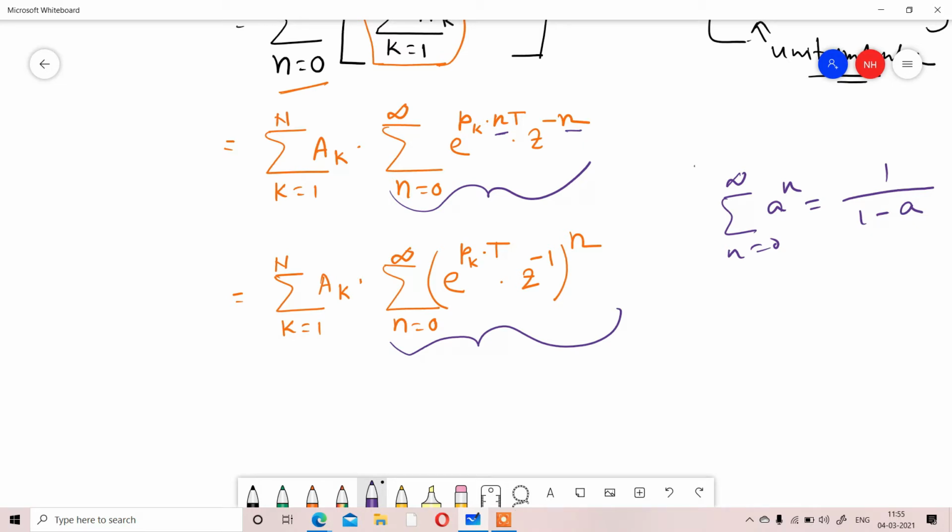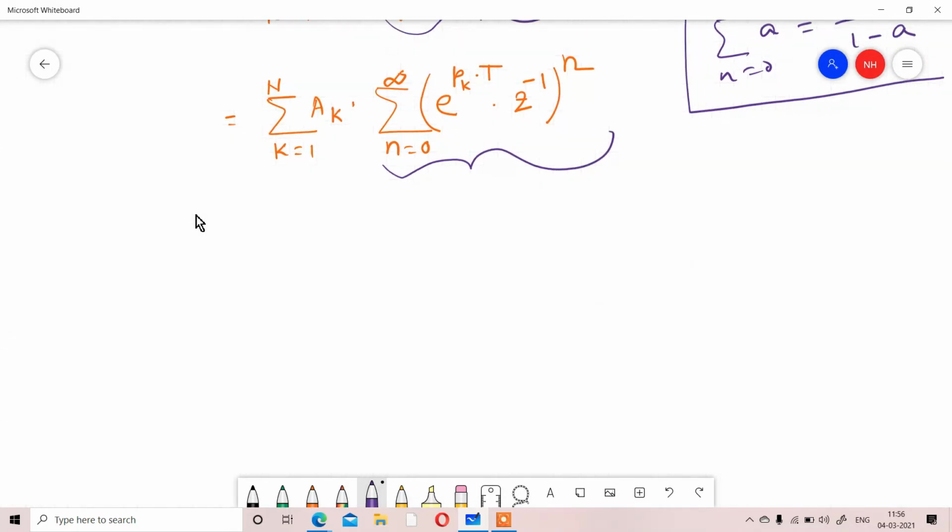Okay, all of you should know that for a to the power n, for n ranging from 0 to infinity, if we want to calculate, we will get the value 1 by 1 minus a. So for this case, what will be the value?